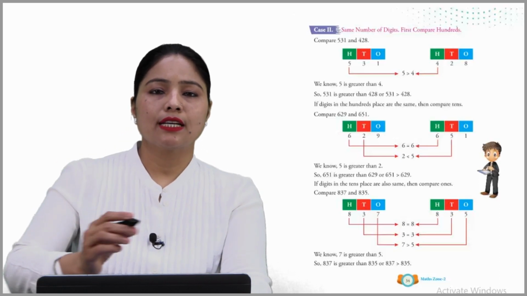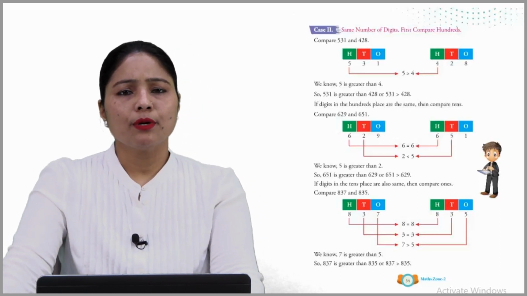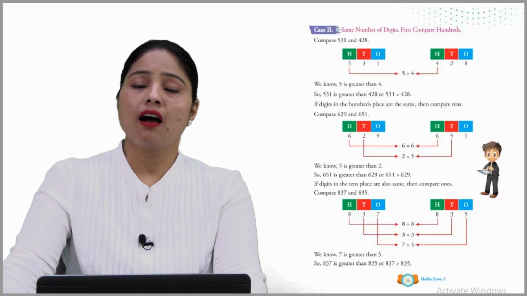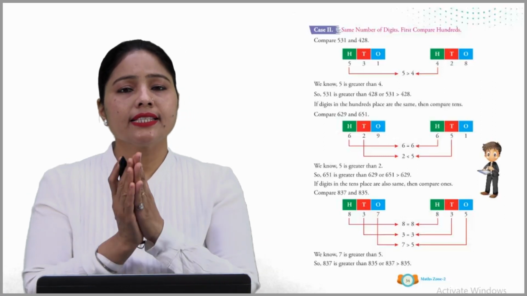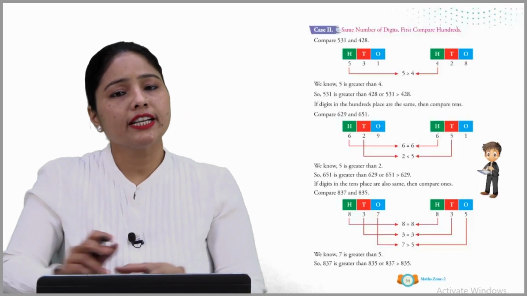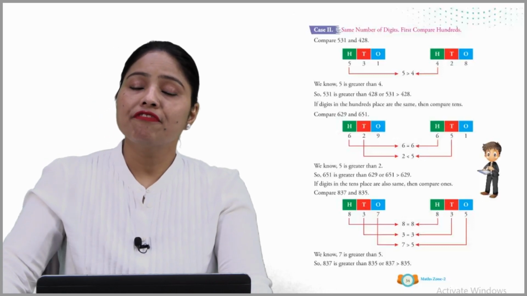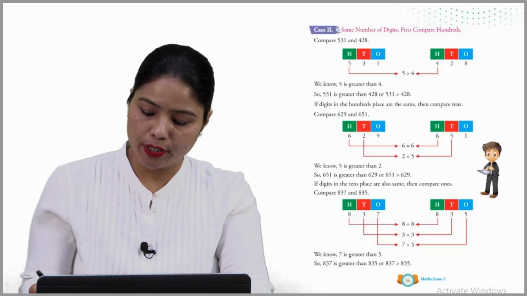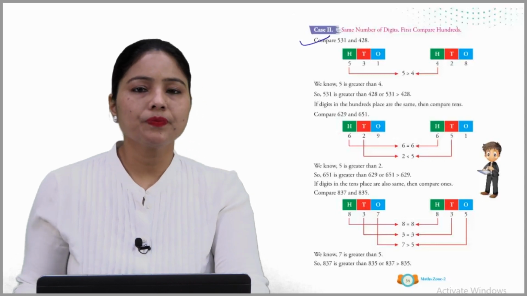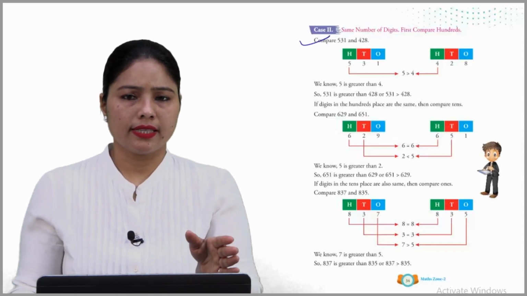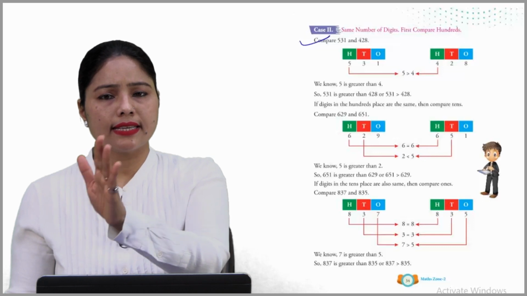So now case number 2: same number of digits, first compare hundreds. अगर हमारे सेम नंबर होते हैं तो हम उसको 100 से शुरू करते हैं. Compare 531 and 428. Here it is also ones, tens, hundreds.